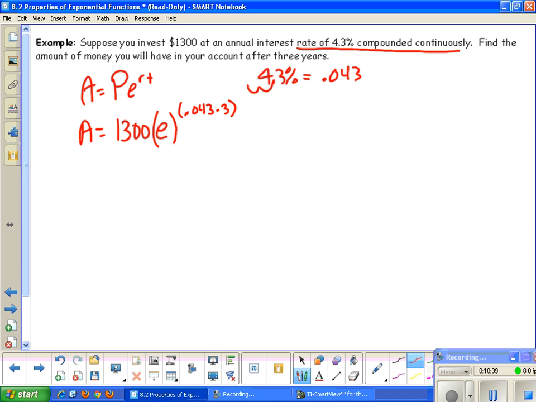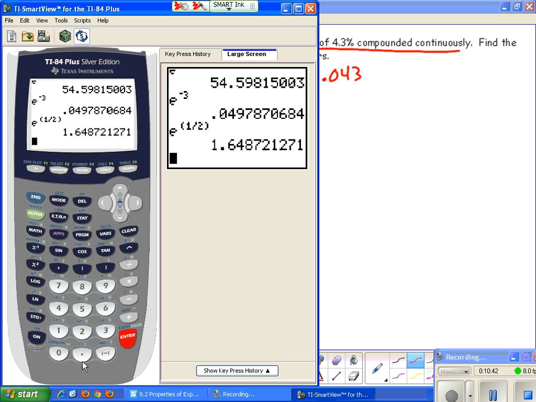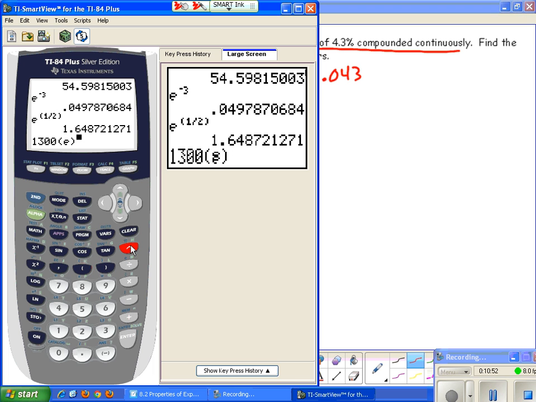So if I plug this into my calculator, and I don't have to put those parentheses, but I'm going to. So e to the 0.043 times 3.